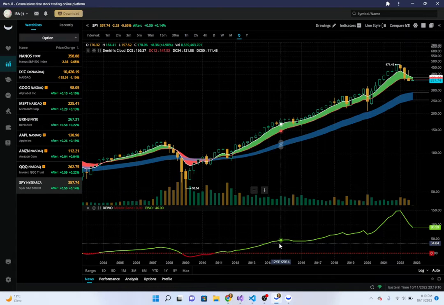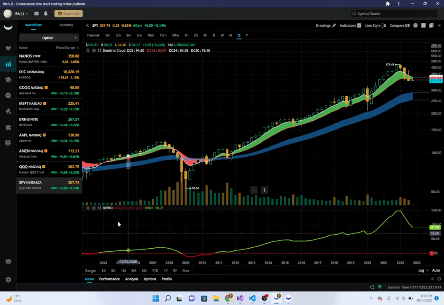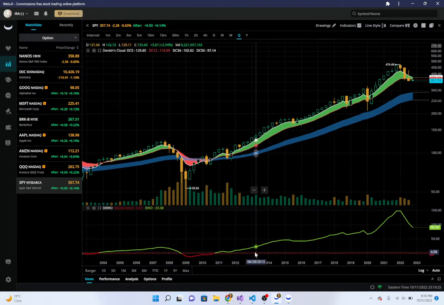And to clarify, this DWO comes from EWO. If you remove the D, it becomes the EWO. So this indicator is the EWO, but modified in a different way.